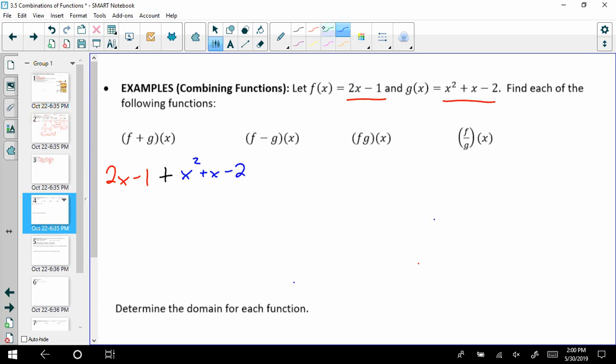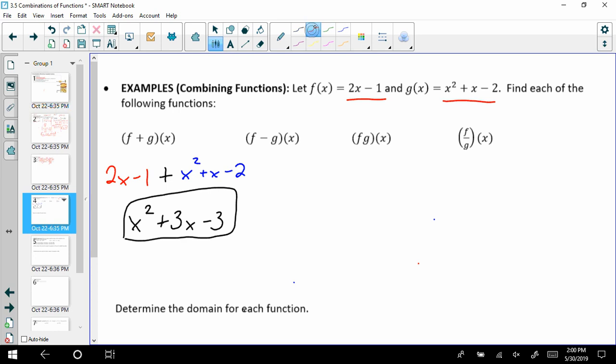And now all I want to do is combine like terms. So I'd have an x squared, 2x plus x, I'd have a 3x, and negative 1 and a negative 2. There would be my simplified function, the combined function. I don't want to solve it, I just want it simplified.